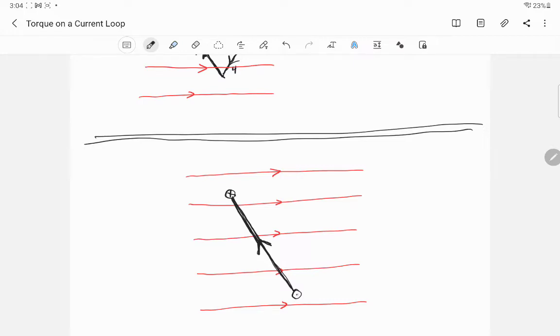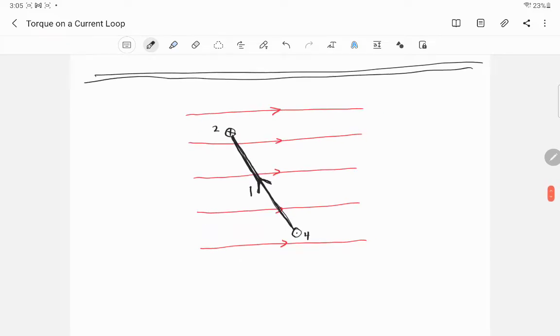The dot means out of the screen, X means into the screen. It's just an aid in drawing in 3D. And I'm going to leave the opposite side, the third side, unlabeled because it's hidden. So this is side 2, side 4, side 3 is hidden, and side 1 is being shown to you.